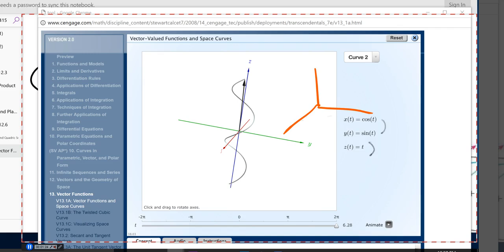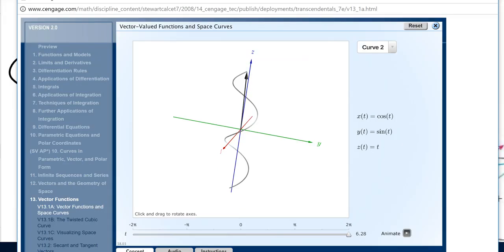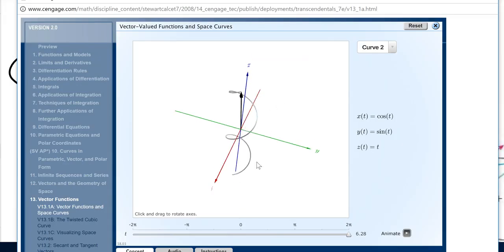So you start drawing your circle at 1, 0, 0, and as t increases, the circle rises like this. So you get this spiral effect. The helix is going to come up over and over and over, so it's good that you know it.